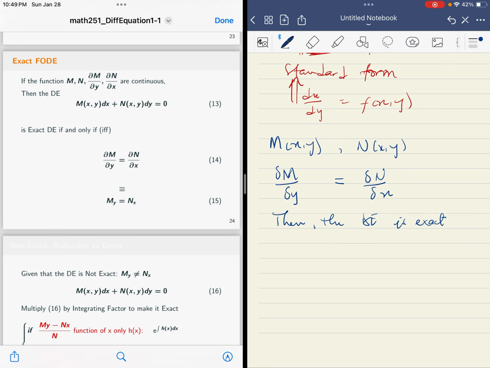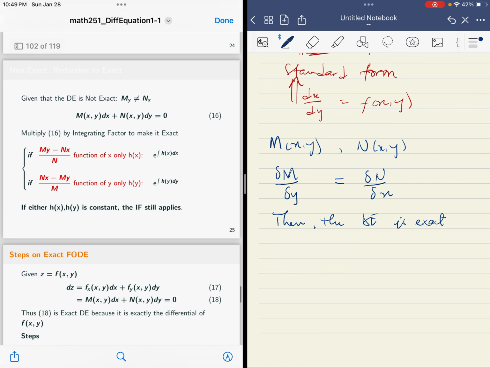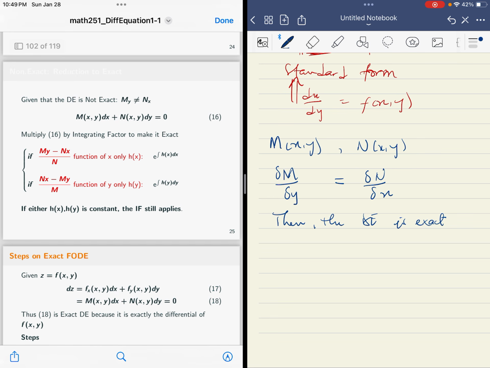So whatever is the coefficient of dx, we take the partial derivative of that with respect to y. And whatever is the coefficient of dy, we take the partial derivative of that term with respect to x. If they happen to be equal, then we say that it is exact.